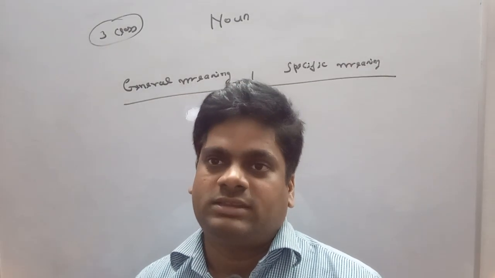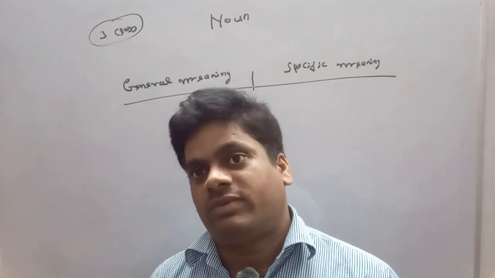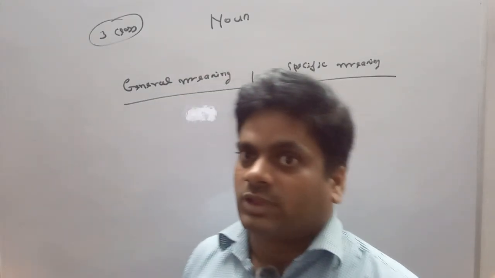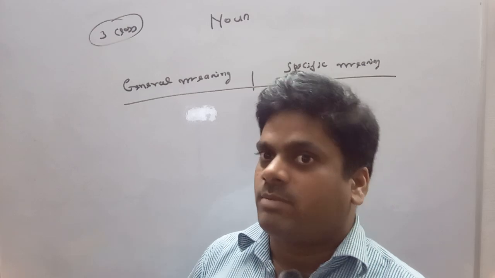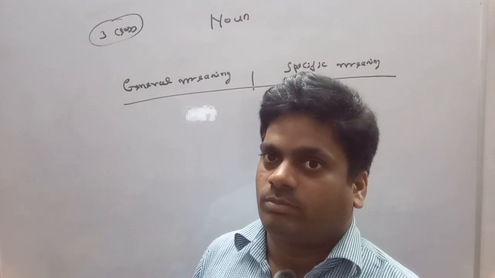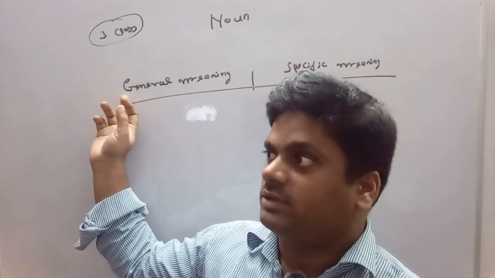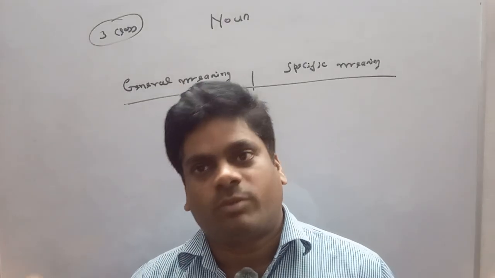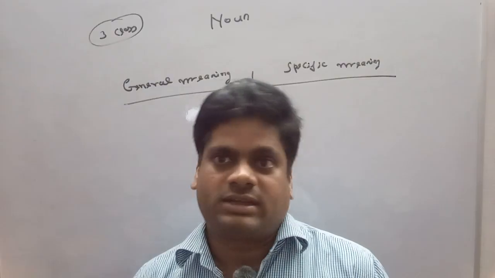If any place is supposed to be visited for its secondary purpose, then we can put article before the noun. In case of secondary purpose, it means it is expressing a specific meaning. So we can put article before the noun. Please remember, in case of general meaning, if a place is visited for its primary purpose, we cannot put article before the noun, but in case of its secondary purpose, we can put article before the noun.